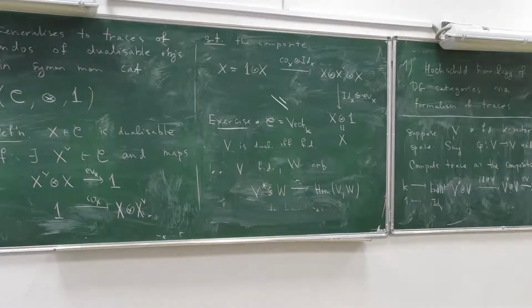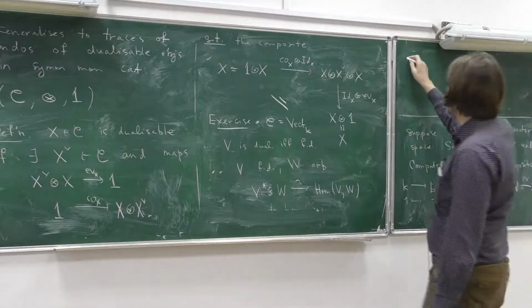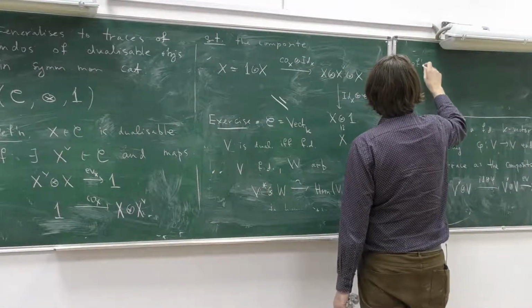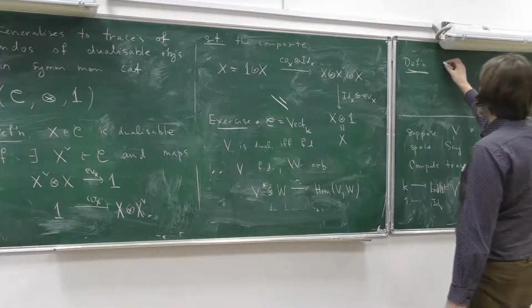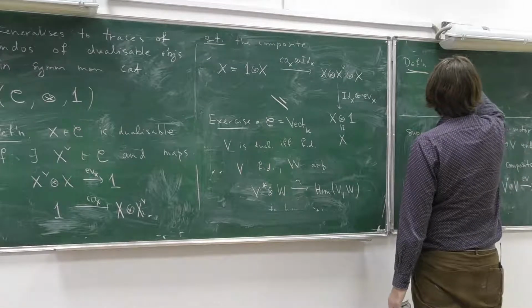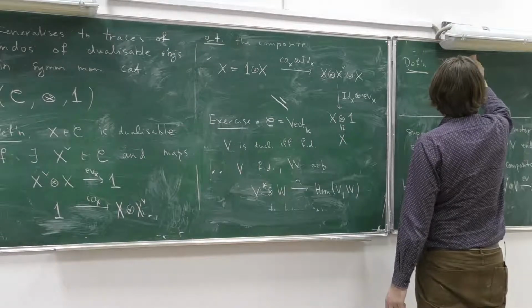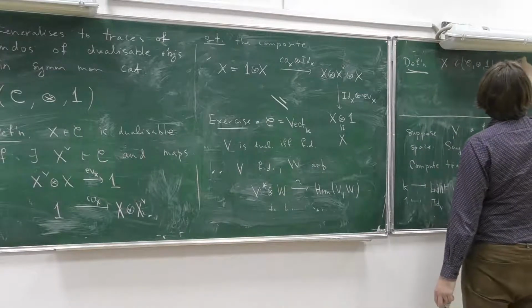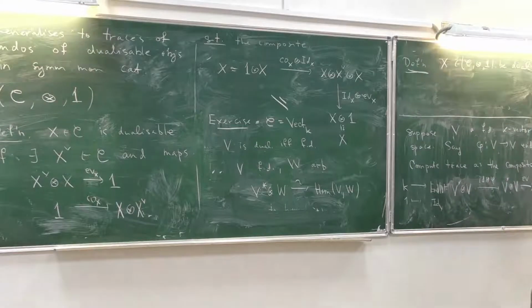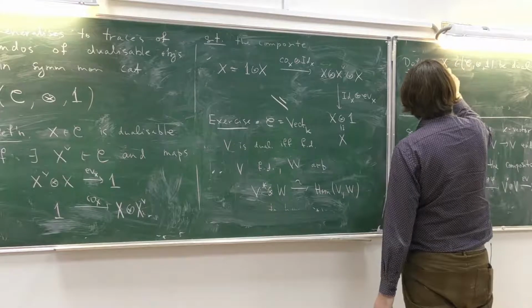Okay, now let me just give the definition of trace, and then we can take a break. So, definition. The trace of an endomorphism of a dualizable object. So let x be dualizable, with an endomorphism phi.